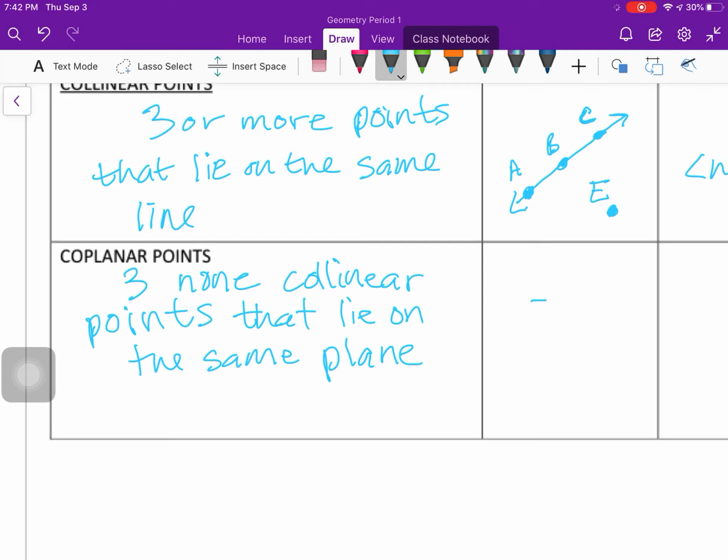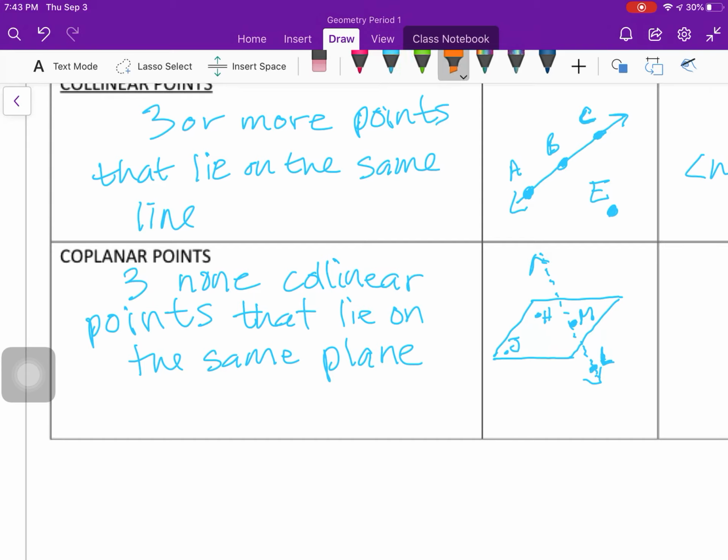Okay, so this one's a little bit harder to draw. I'm going to draw my plane here. And I've got my points J, H, M, and then I've got this line, but the line goes up and down. It's not on that plane. That's going to be point L.